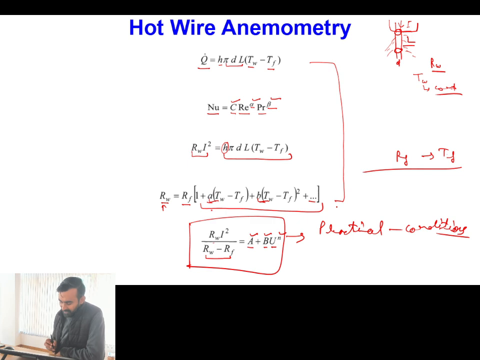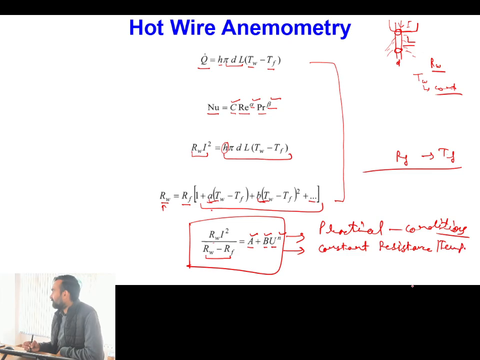Now, how does this operate? This practical equation can be operated in two ways: either by operating the wire in constant resistance mode, which I can also call constant temperature mode, or by operating it in constant current mode.